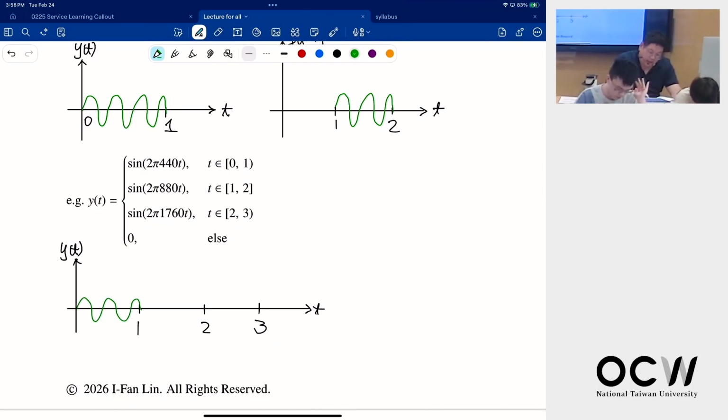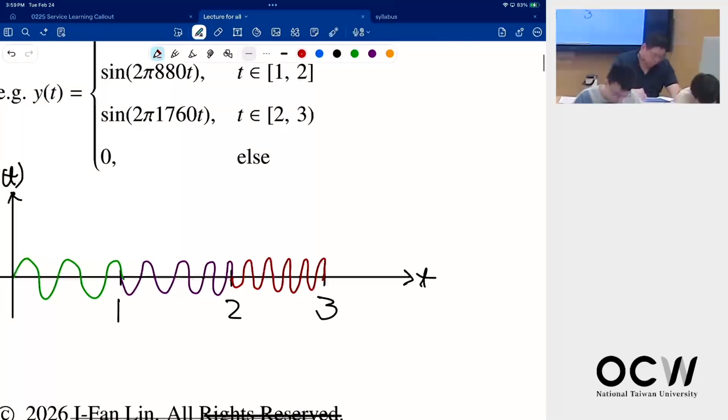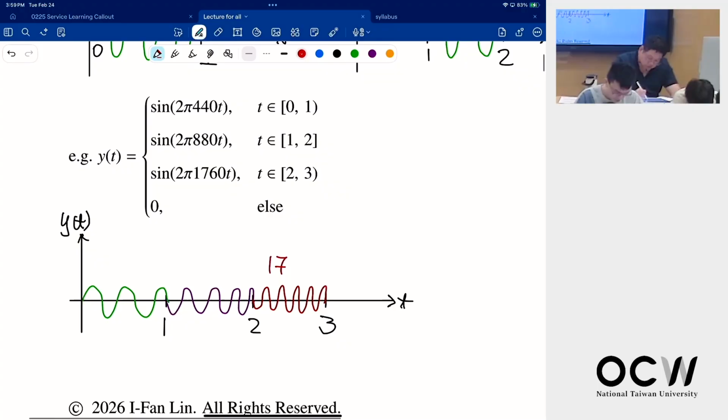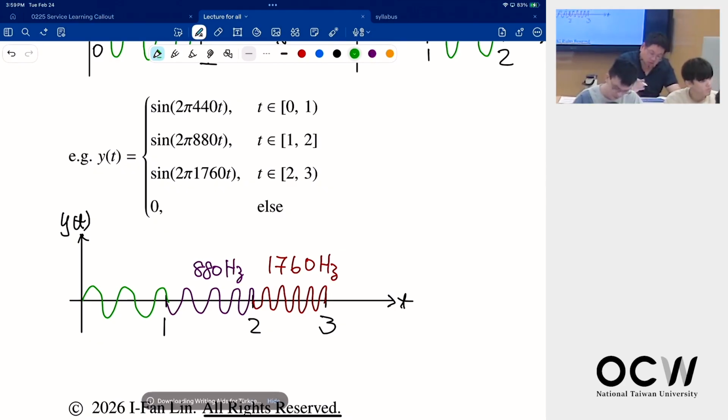And now it becomes 880, so it compressed. And then 1760, so it compressed. Okay, so here is 1760 hertz, and this is 880 hertz, and 440.